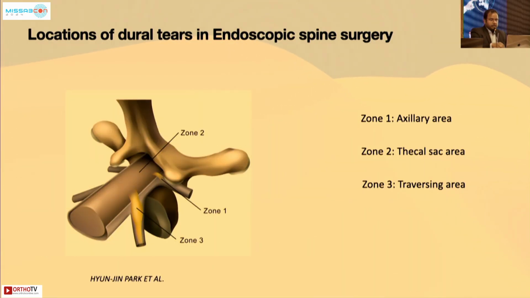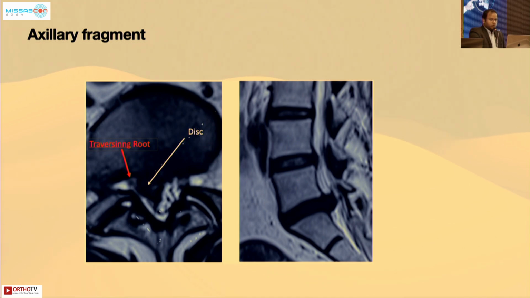Then these are the zones mentioned by Hyun Jin Park: the axillary area is zone 1, zone 2 is the thecal sac area, and zone 3 is the traversing area. So identification of your fragment and identification of your traversing route is of paramount importance before surgery.